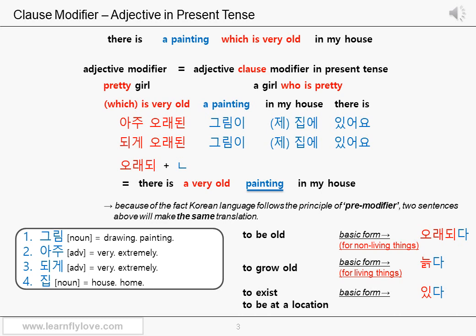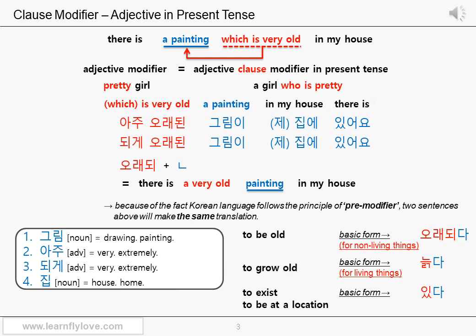What is the subject? Actually, the pronoun there is the subject in English, but it doesn't work like a subject in a Korean sentence. So you should use painting as a subject. Which is very old part modifies the noun painting. So which is very old part comes right before the noun painting.